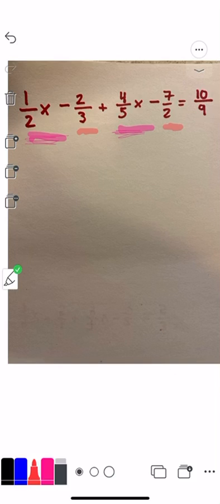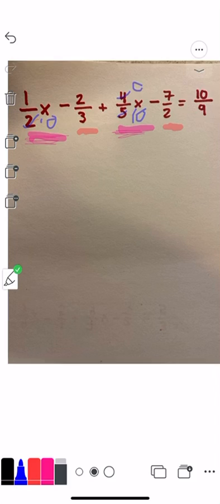So we have a 1/2 x and a 4/5 x. Common denominator for that would be a 10. So it's really hard to write on here. I want that to be a 10, and I want this to be a 10. Now if I change that 5 to a 10, I had to multiply by 2.